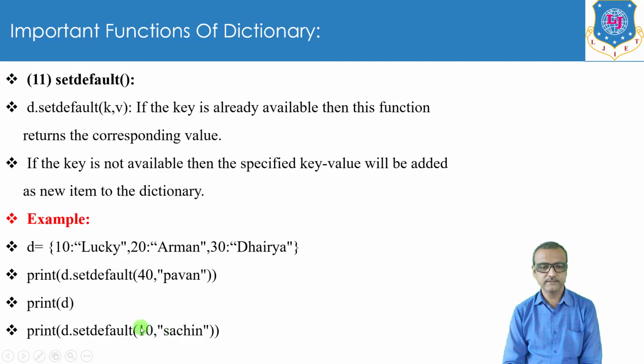You can see that we already have key number 10, and in key number 10 we have Lucky over here. So this one will print the output as Lucky. Here the key is already available, so this function returns the corresponding value, that is Lucky in this case.